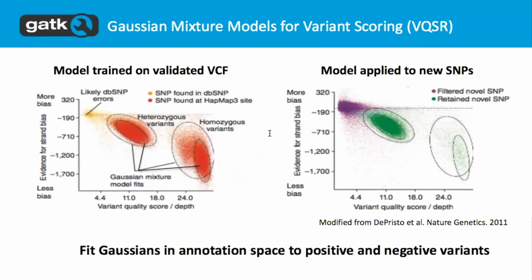Right, and now that we've assigned the VQSLOD score, we can filter the variants given a threshold of the VQSLOD that we will just throw out of our call set. So this is done per variant in the VCF.